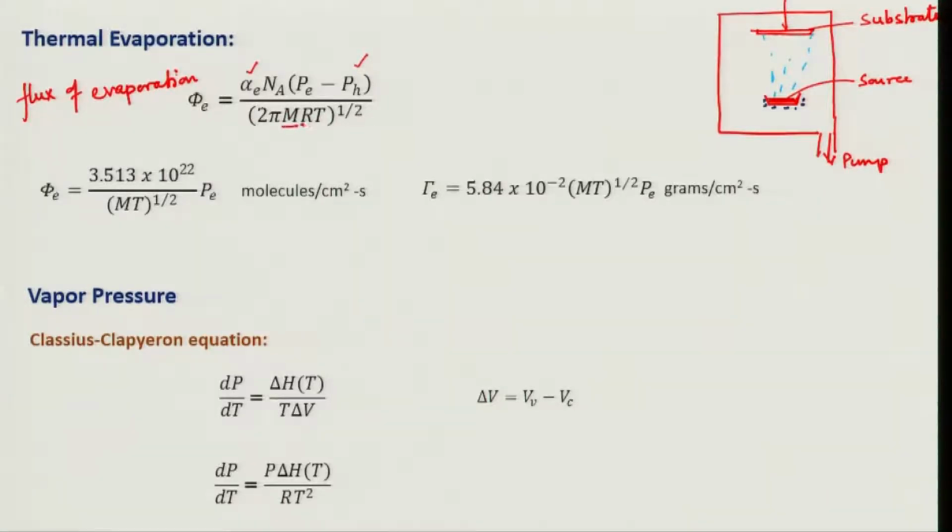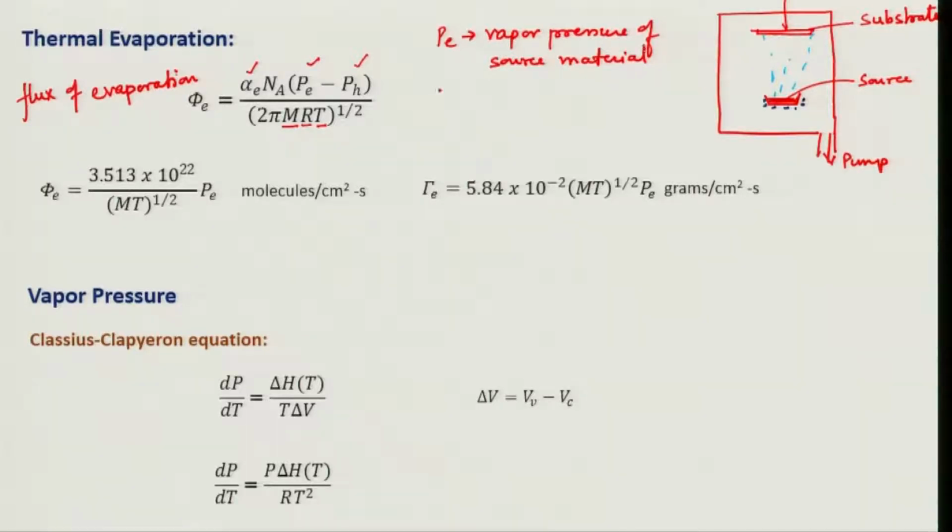M is the molecular weight, R the gas constant, T the temperature. Pe is the vapor pressure of source material. It is a defined quantity at a given temperature.